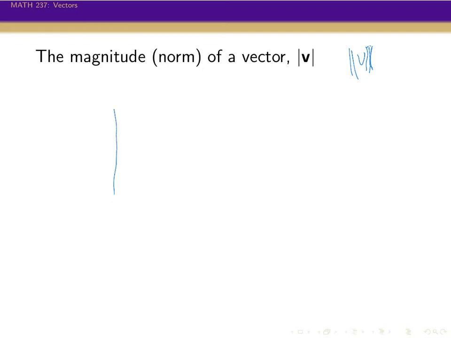So if we're thinking about this in R2, we have our vector that's in standard position. Let's say that it goes out to roughly 3, 2. This vector moves you 3 in the x direction, 2 in the y direction. So how far has it totally moved you?